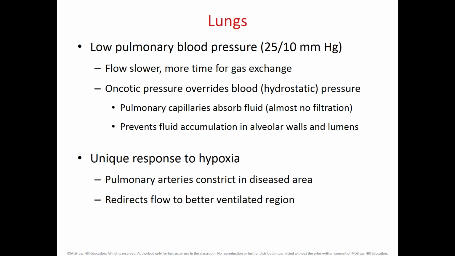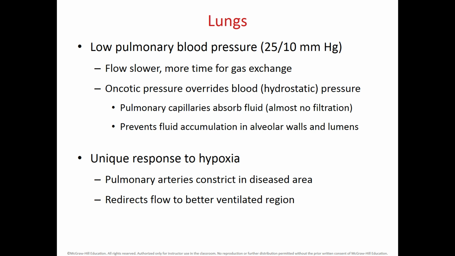Now, within the lungs, we have low pulmonary blood pressure. It usually fluctuates between 25 millimeters of mercury during systole and 10 during diastole. So the blood flow is much lower because you need to have time for exchanging oxygen for CO2.